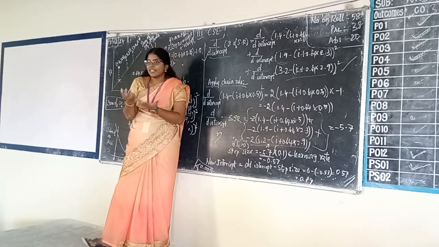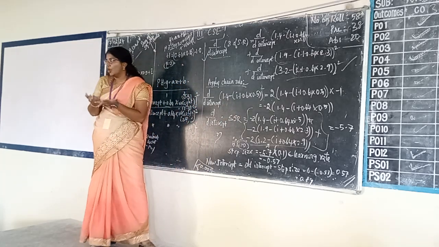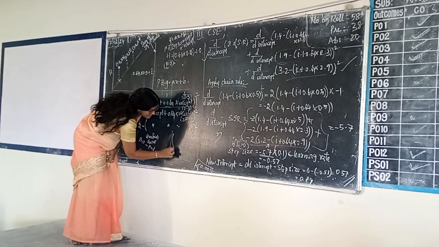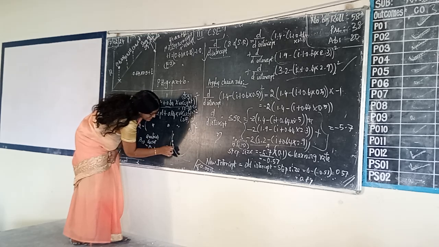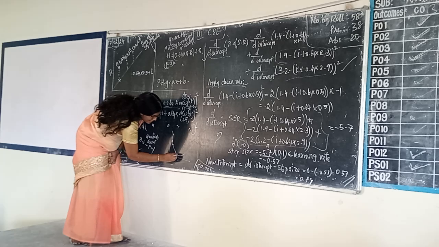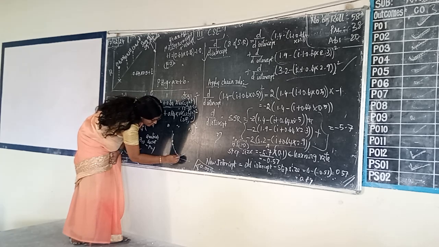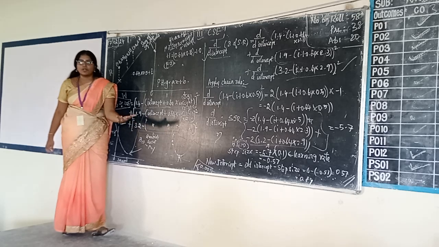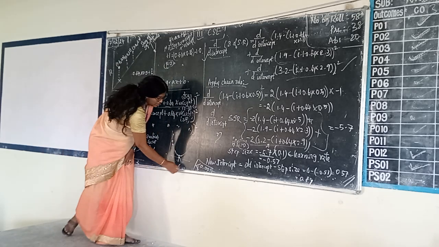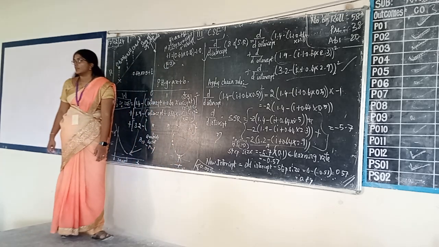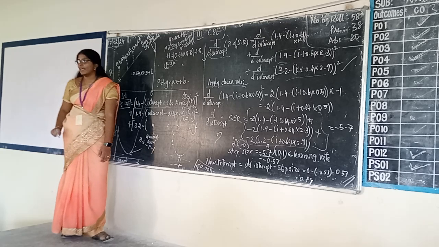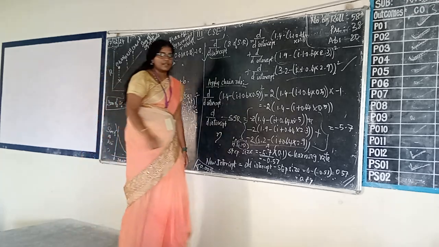As you get closer, you will be getting residual errors like this, and at a particular point the difference becomes less than 0.001. At that time we have to stop. Got it? Clear now?